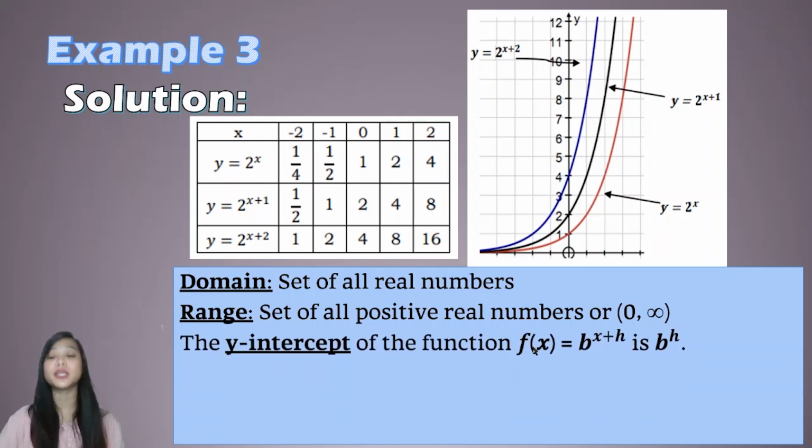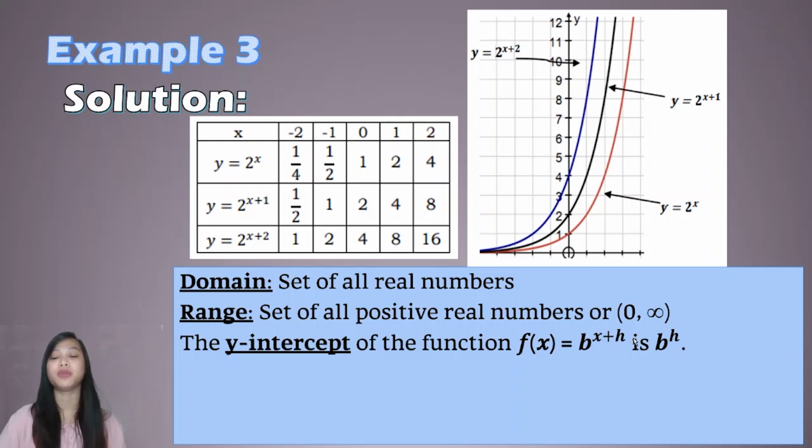And for the y-intercept of f of x equals b raised to x plus h, where h is the constant term in the expression of our exponent, the y-intercept will be equal to b raised to h. That is your base raised to the constant term in your exponent.